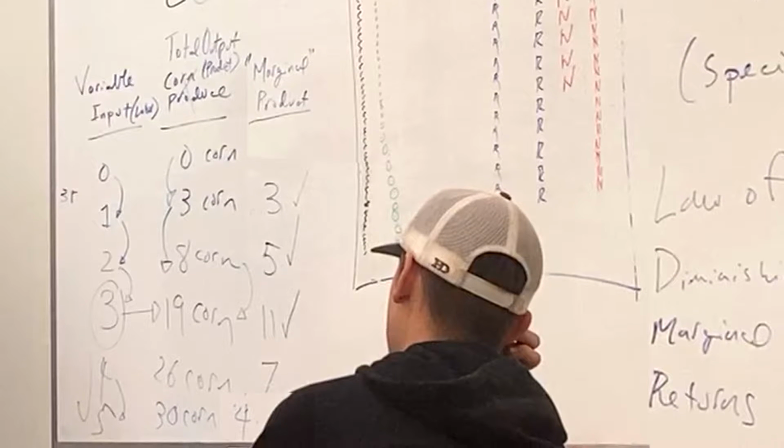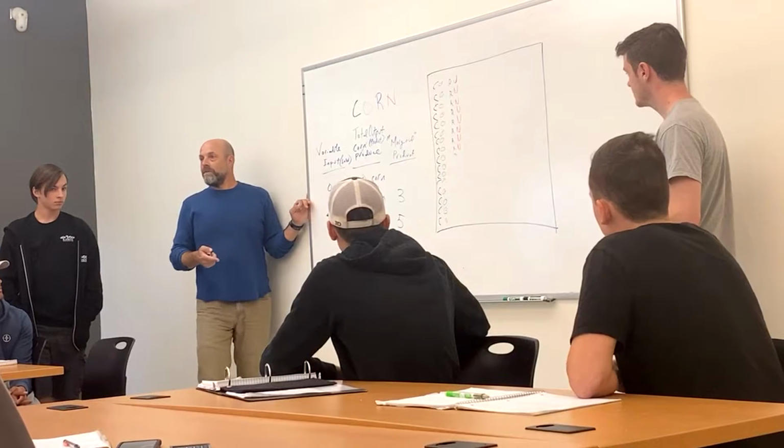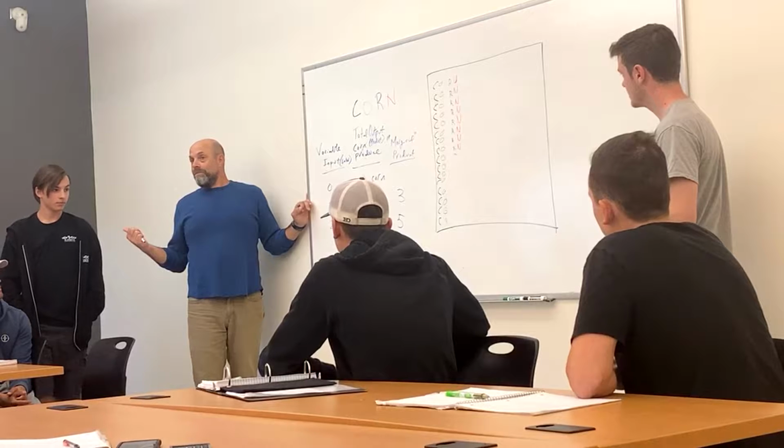When we added Riley, what's the marginal product of the second unit of labor? 5, right? So we went from 3 to 8. 8 minus 3 equals 5. So the marginal product of the second unit of labor is equal to 5. What can we conclude? What does that tell us? It's better to work with 2 than 1.